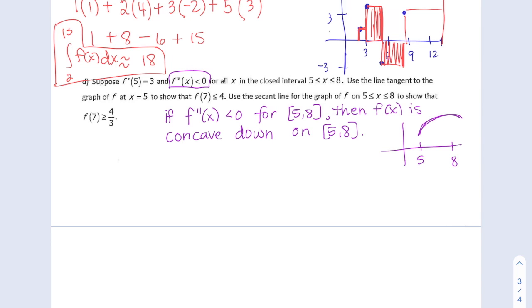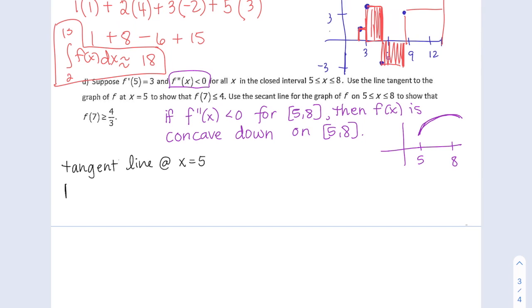Okay, so the first thing we need to do, looking at this second sentence, is use a tangent line to the graph at x equals 5. So let's write that first. To write the equation of a tangent line, I need the slope of the tangent line and I need the point.